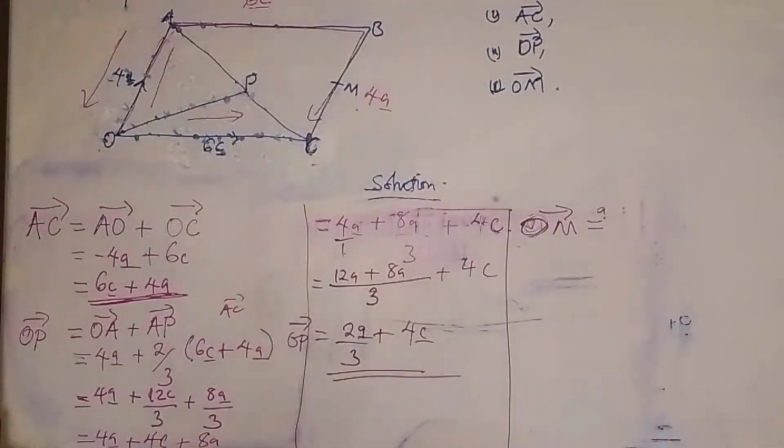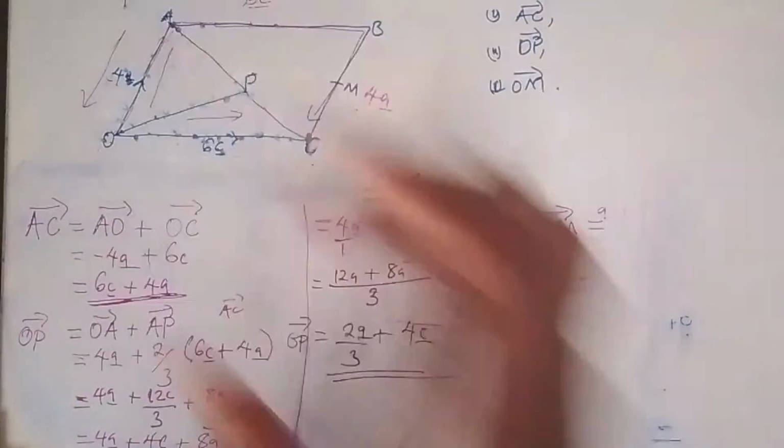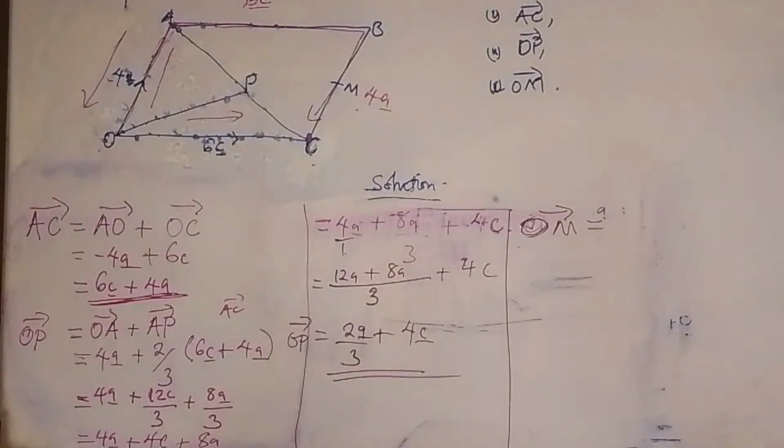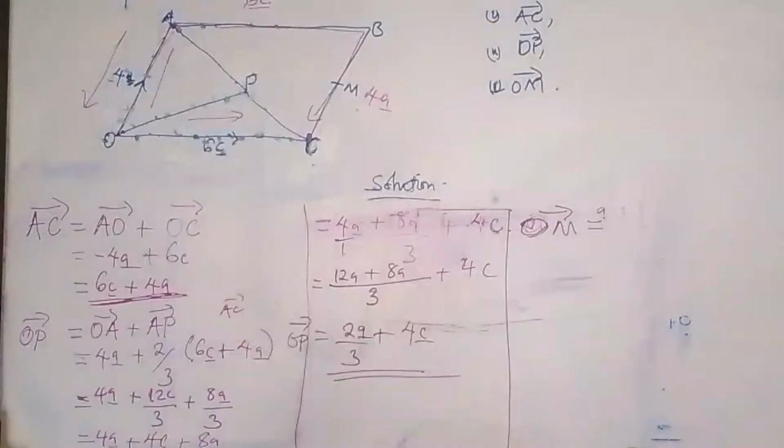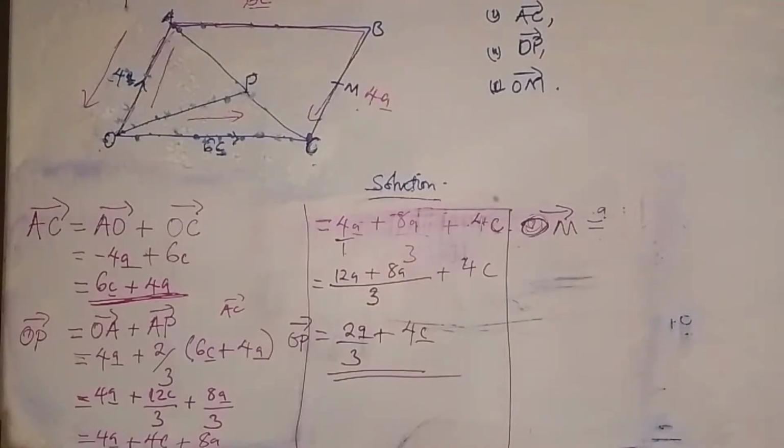So remember, I told you this part and this side are equal because this is a parallelogram, meaning it has two equal sides, because parallel lines will never meet, they will maintain the same distance.